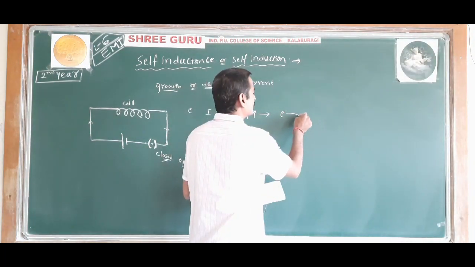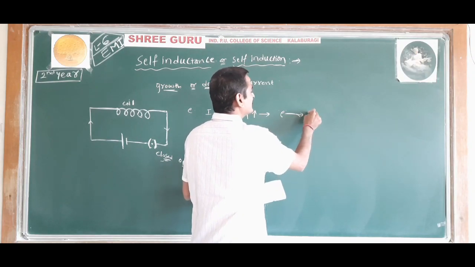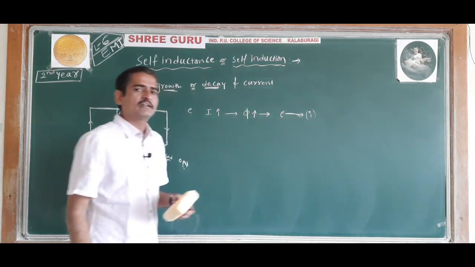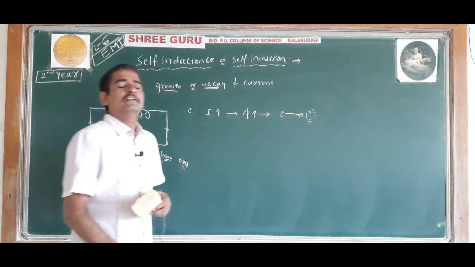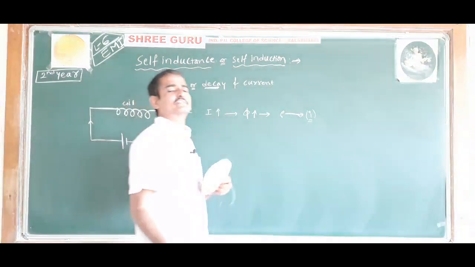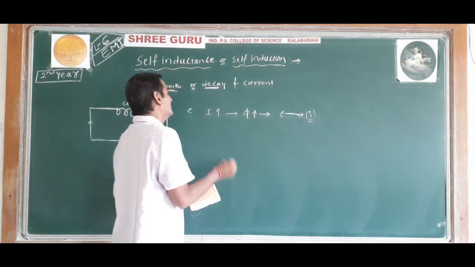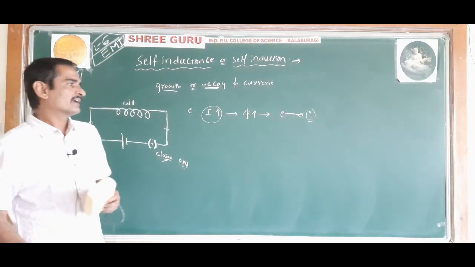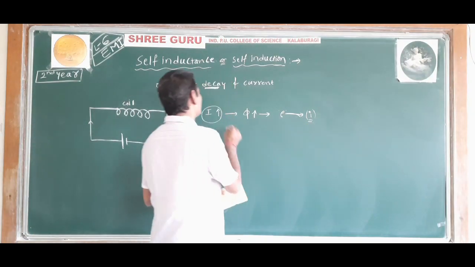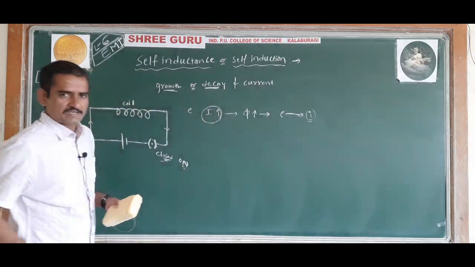This induced EMF gives rise to an induced current, and according to Lenz's law, the direction of the induced current is such that it opposes the increase in the current. Understood?